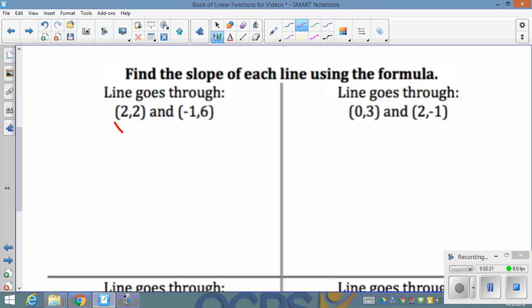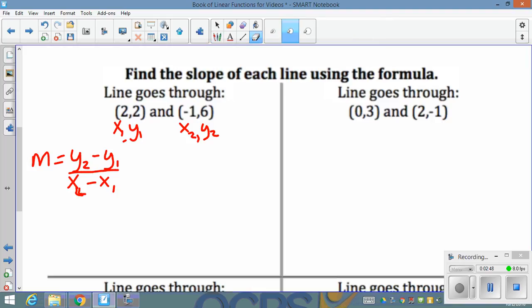I'm going to start by labeling underneath each point x1, y1, and x2, y2. So x1 is 2, y1 is 2. x2 is negative 1, y2 is 6. My slope formula says y sub 2 minus y sub 1 over x sub 2 minus x sub 1.